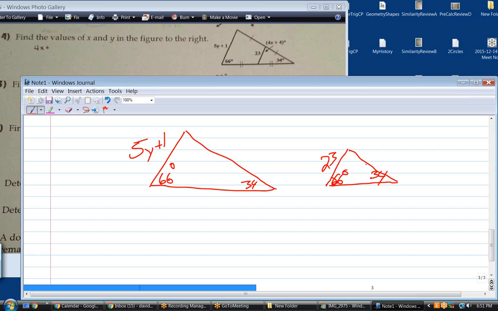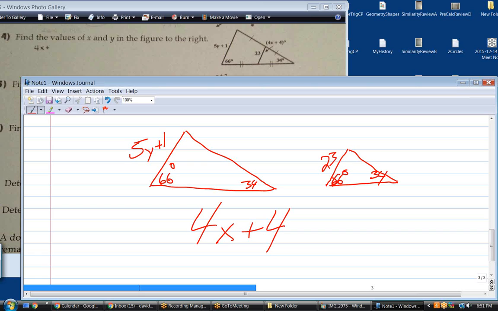Well, we know two angles of this little triangle here. The only thing they want us to solve for is x. So what is 4x plus 4 going to be equal to? That would have to be equal to, would it be 180?